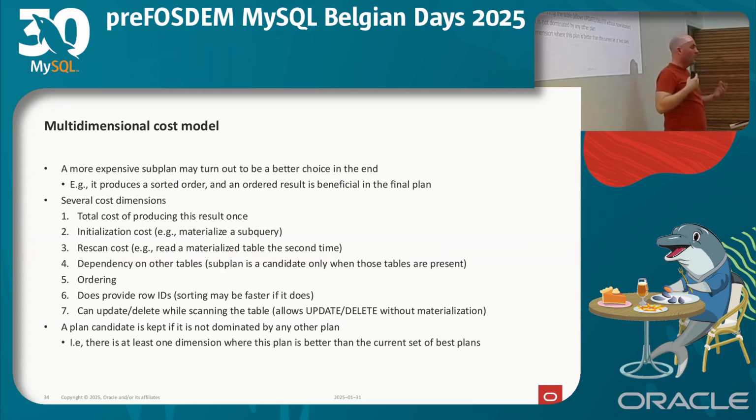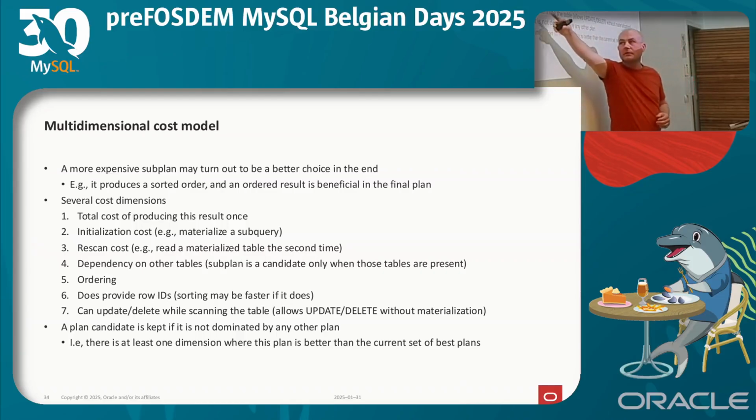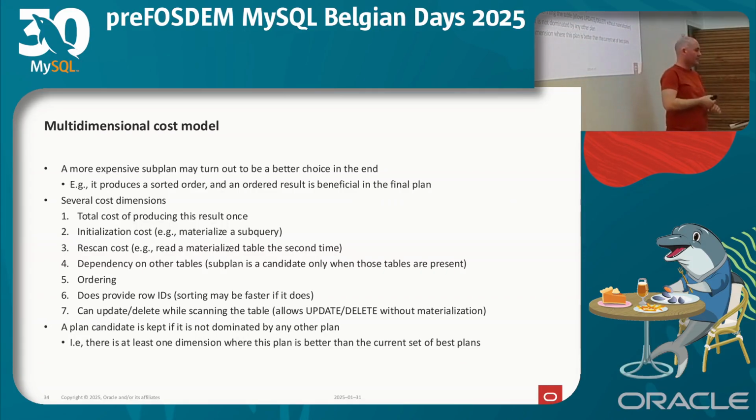So both of them could be relevant to us, depending on how many times we need to reread that subplan. Then we have ordering, this is the interesting order. Everything that you use for order by, group by is interesting. We have some more exotic dimensions as well.